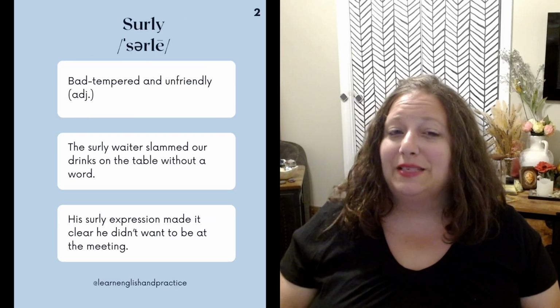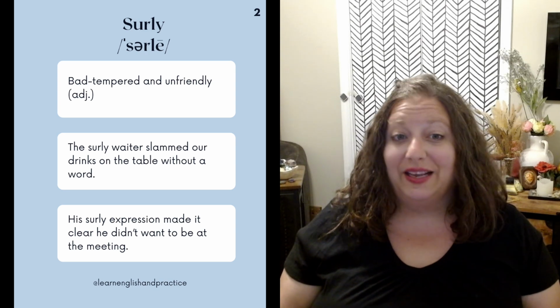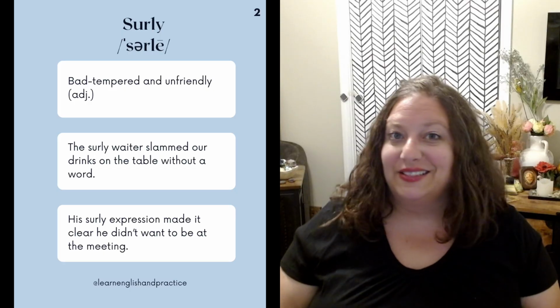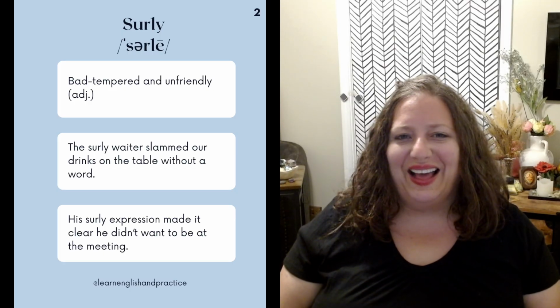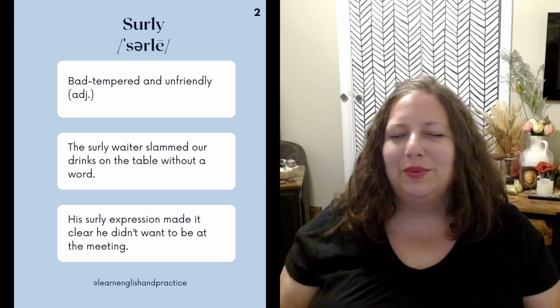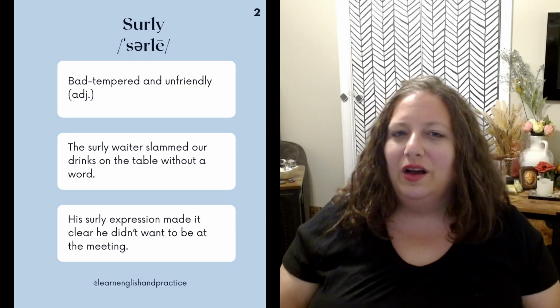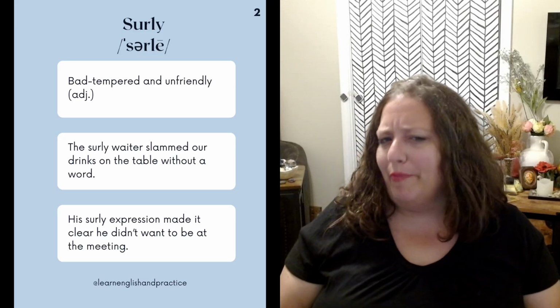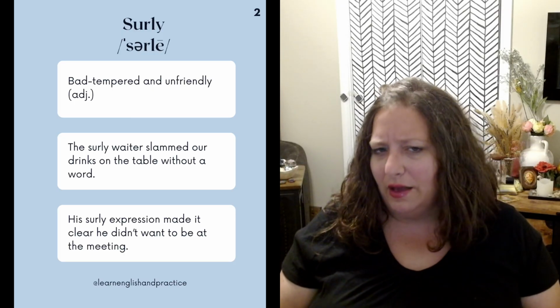Surly. This means bad-tempered and unfriendly, as an adjective. So someone who's surly is intimidating and really someone who you probably don't want to interact with. Also, I typically hear this word associated with men a lot more than women.